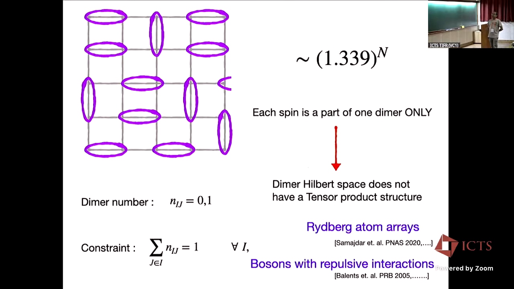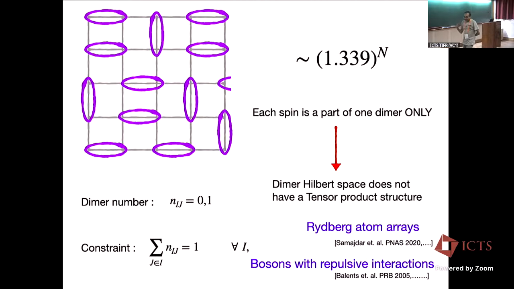Now, the problem with dimers is that if I think about, say, a square lattice and count the number of dimers, there is one dimer per every bond. So if I think about a dimer number, which can be 0 or 1 in absence or presence of a dimer, then the dimer number faces a constraint that the spin half at one site can be a part of only one dimer. So if I count the number of dimers starting with one site, that is constrained.